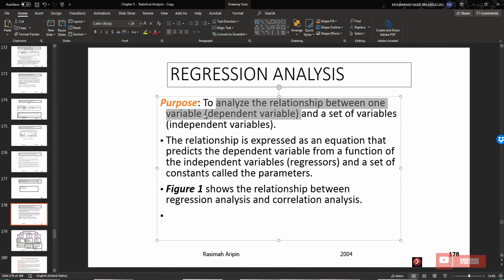But for linear regression, we are not stopping at measuring the relationship, we go beyond that. It means that we want to do some prediction, right? If you want to do a prediction between the dependent variable and independent variables, then linear regression is a suitable method. But if you just want to find the relationship, you should go for correlation or association techniques.